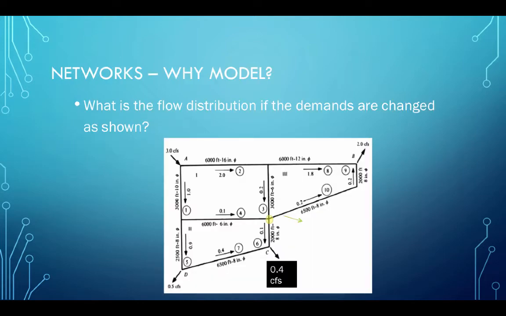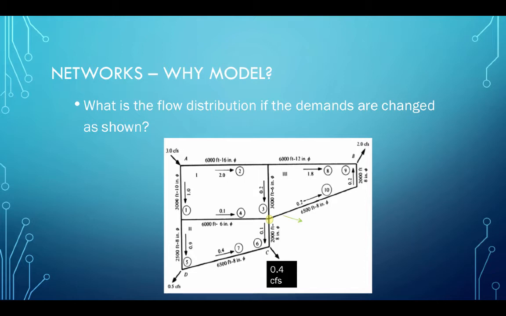So, we spent the last two lessons learning how to analyze a pipeline network under different conditions, and one of the begging questions is, what's the point? And the point is to allow us to answer questions like indicated in this picture, which is, what is the flow distribution if the demands are changed as shown?